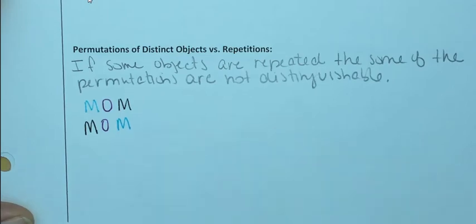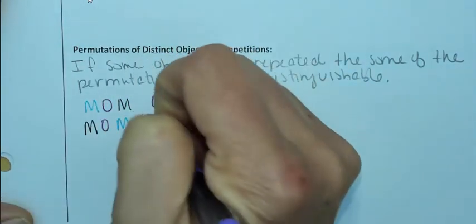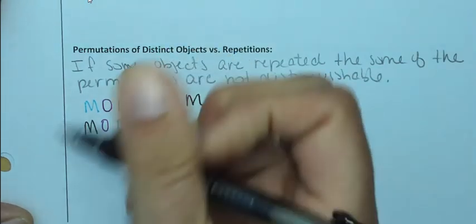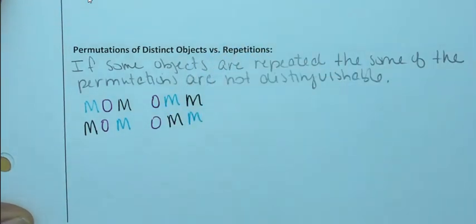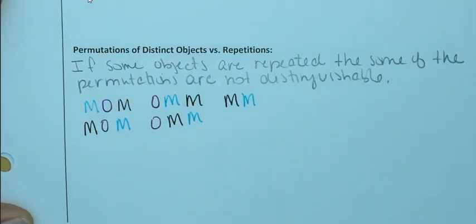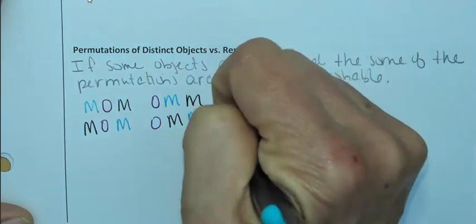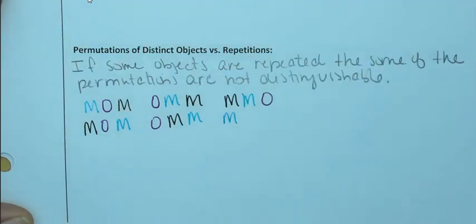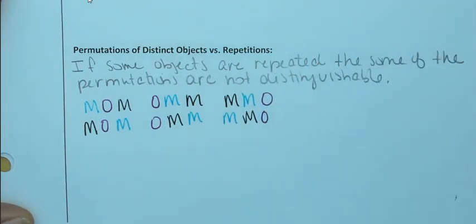Okay, and the same thing goes with, I can write them in, I could do O, M, M, or I could do M, M, O. Again, if these weren't in different colors, you wouldn't be able to distinguish them.